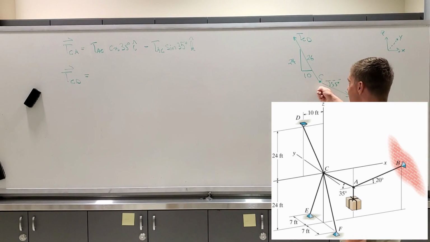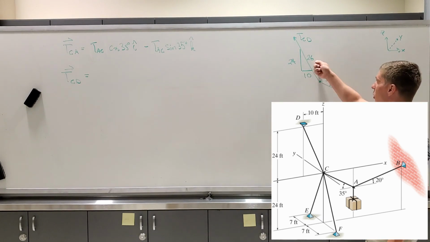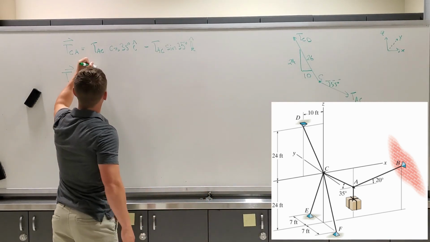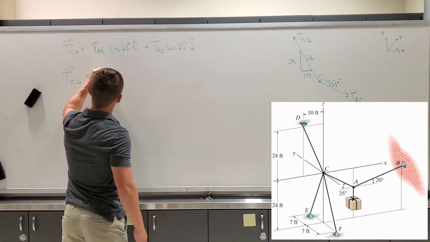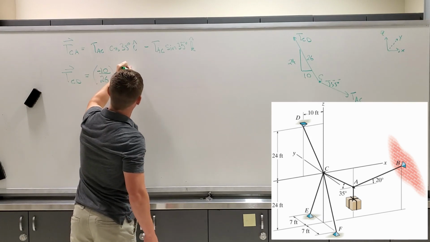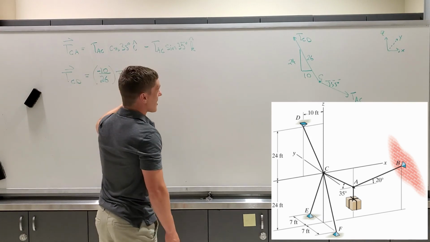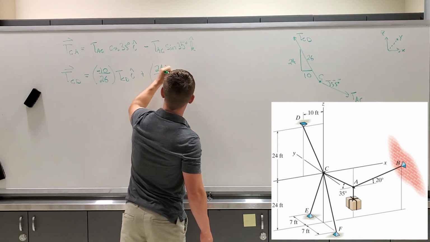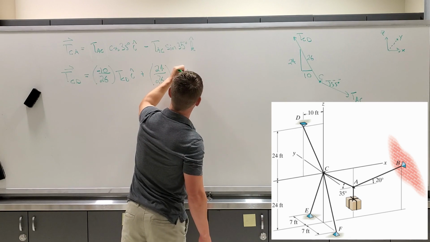So TCD is going to be 10 over 26 in the X direction, but it's to the left, so it's negative. So we have a negative 10 over 26 TCD in the I direction, plus a 24 over 26 TCD in the K direction.